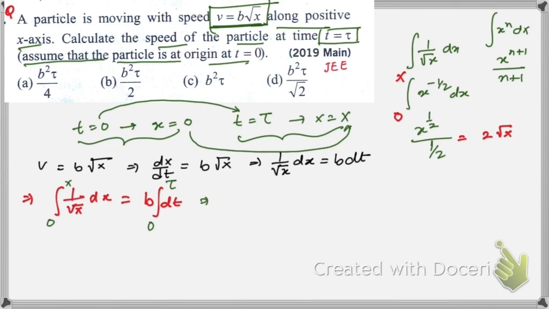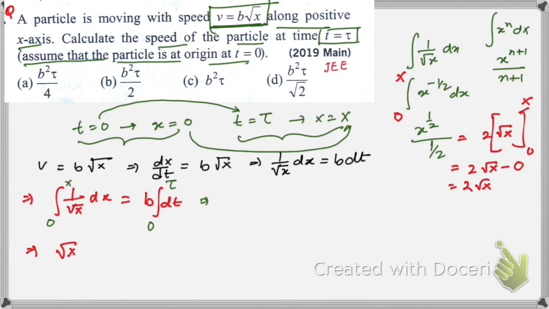First we put the upper limit, then the lower limit. The upper limit gives 2 root x, the lower limit gives 0. So simply we get 2 root x on the left hand side.